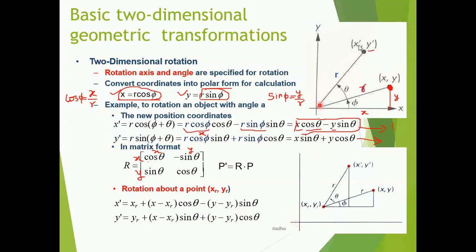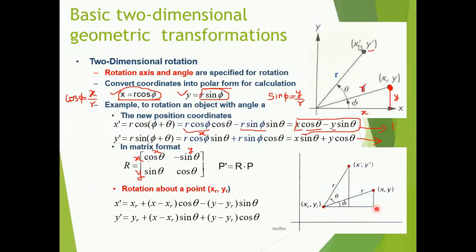So now I have just moved this particular point away from the origin. The pivot point or the rotation point I have moved from the origin to an arbitrary pivot position, represented by xr comma yr.